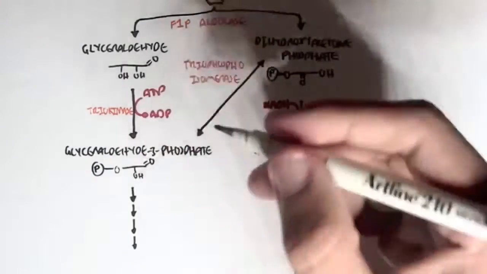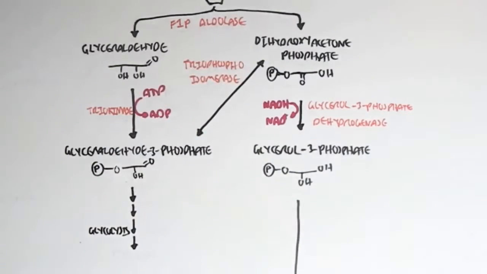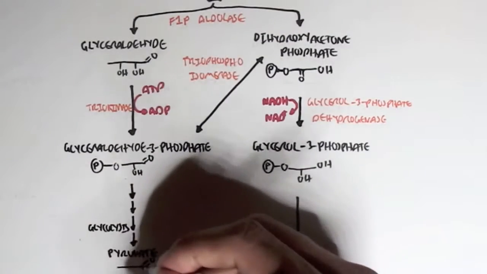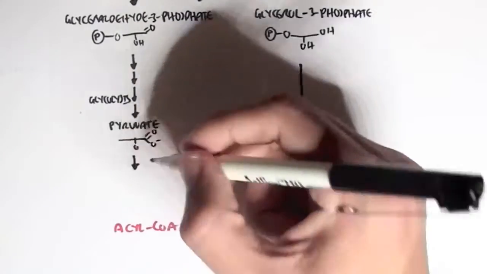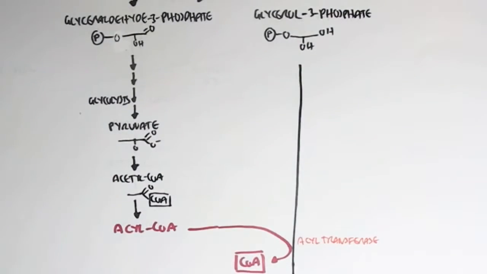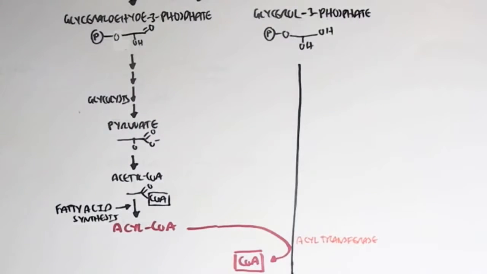Anyway, glyceraldehyde 3-phosphate is also part of glycolysis, if you remember. Through the end step of glycolysis, it can become pyruvate. And then pyruvate can convert to acetyl-CoA. And then acetyl-CoA can, through fatty acid synthesis, become acyl-CoA, which are fatty acids. So acetyl-CoA can make fatty acids, that is acyl-CoA.